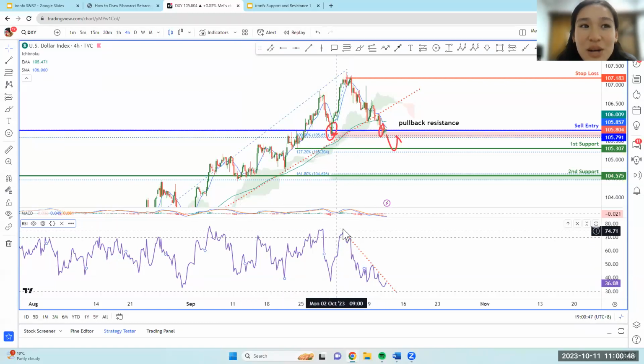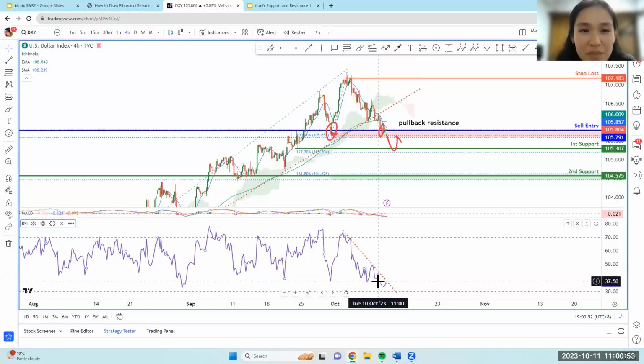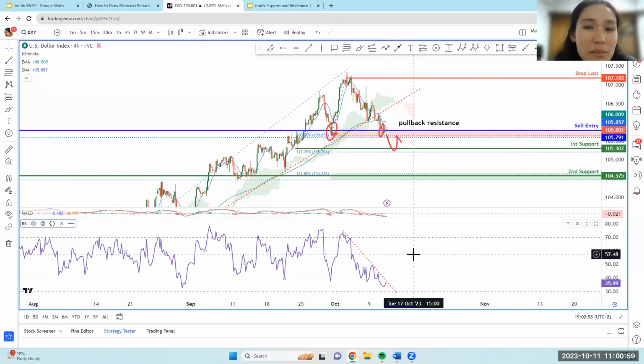If it's above the upper band, that means it's overbought, so we can expect it to drop, as you can see here. If it's below the lower band, it's oversold, so we can expect it to go up.